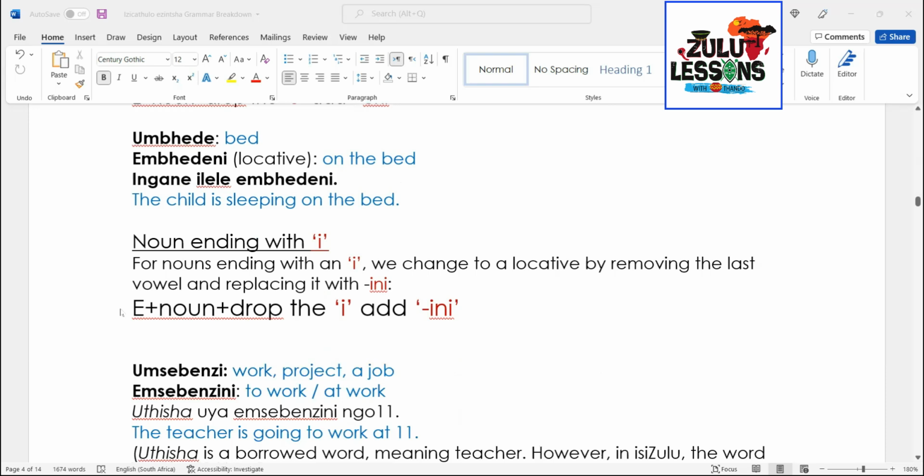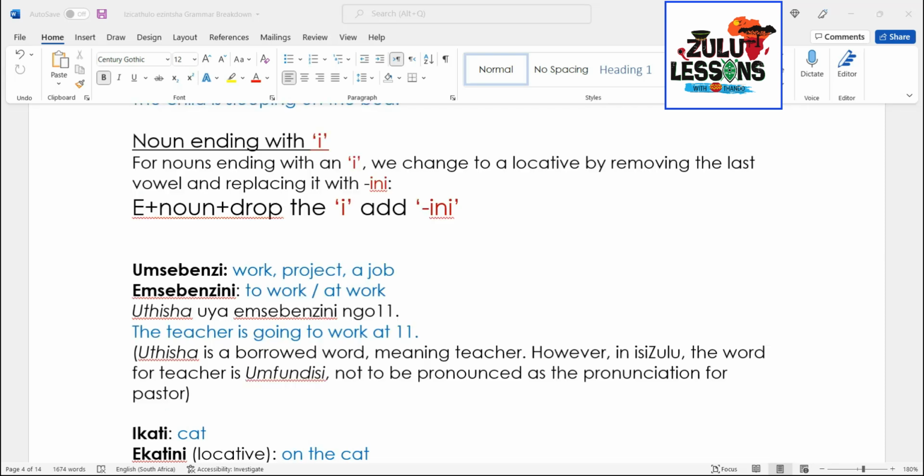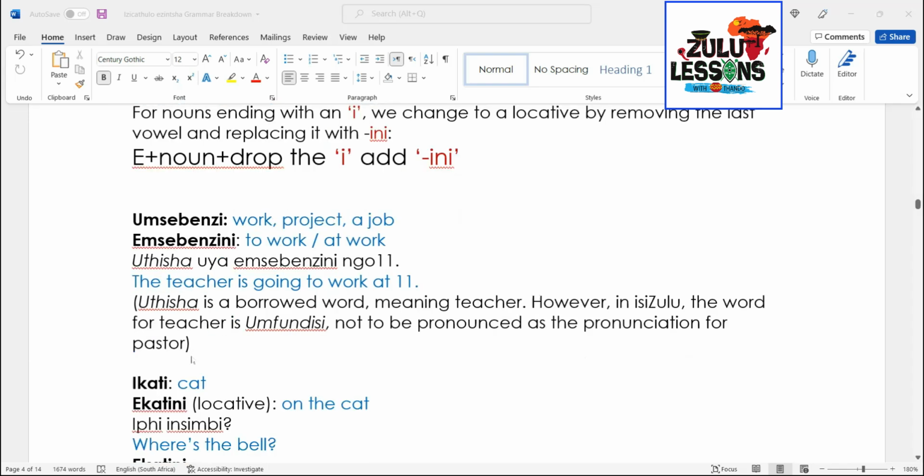Nouns ending with the letter I. You drop the I and replace it with ni, I-N-I. Here's an example. Umsebenzi. Umsebenzi is a noun meaning work or a project or a job. I actually missed another one here, which is rather important.